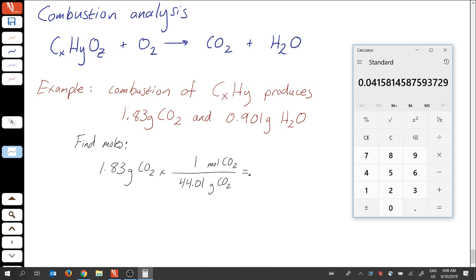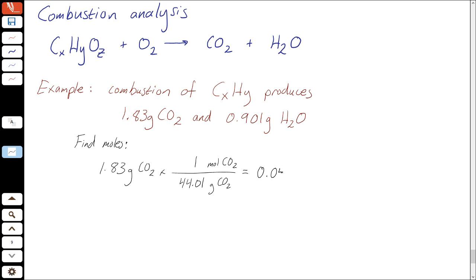And so that gives us 0.0416 moles. Now, using a skill that we learned earlier today, how many moles of just carbon is that? We've got 0.0416 moles of carbon dioxide. How many moles of just carbon? The same, right? Because it's 1 to 1. There's 1 mole of carbon per mole of carbon dioxide.